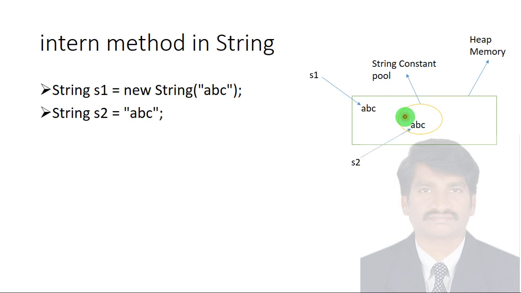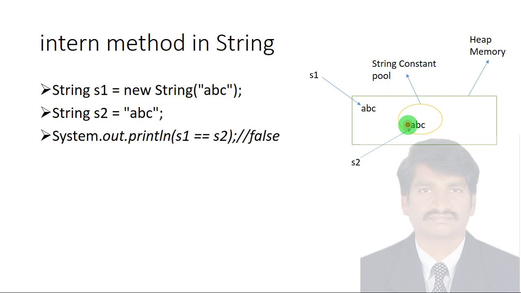Guys, if I print System.out.println(s1 == s2), what will it return? s1 is pointing to this, s2 is pointing to this, which means they are pointing to two different objects. Then it will return false.